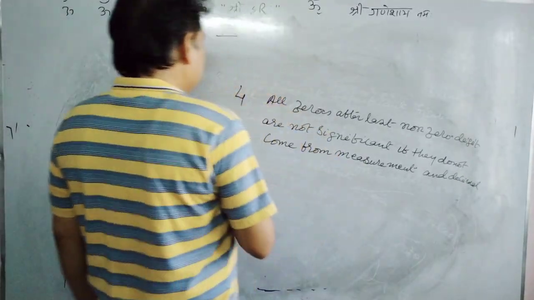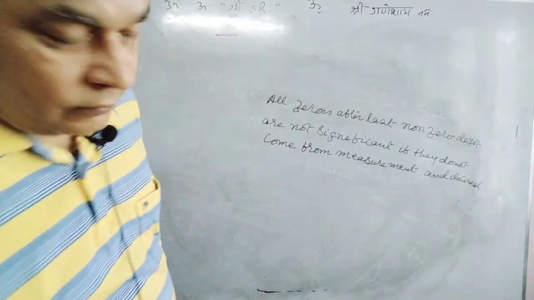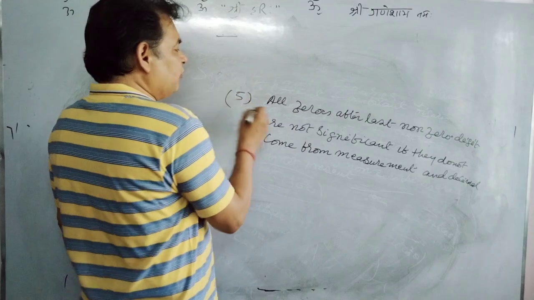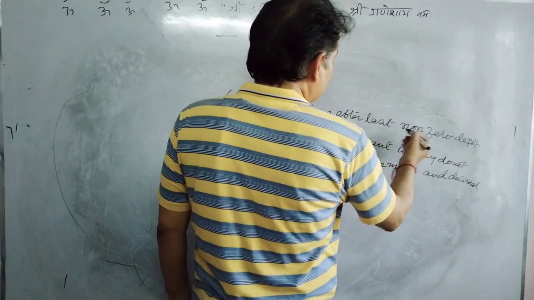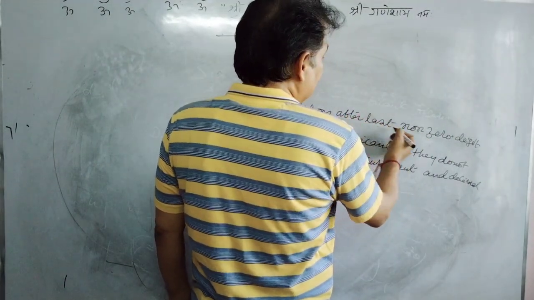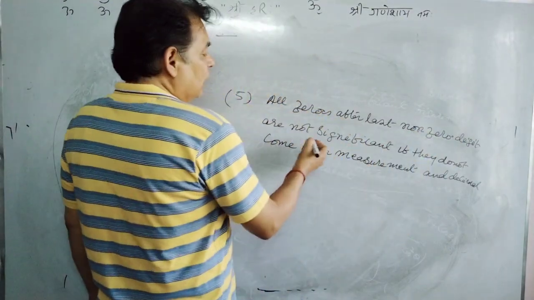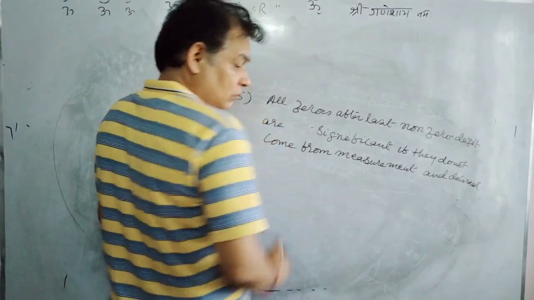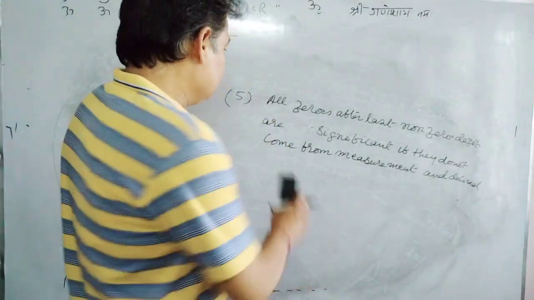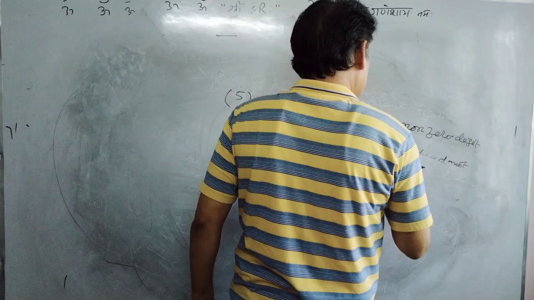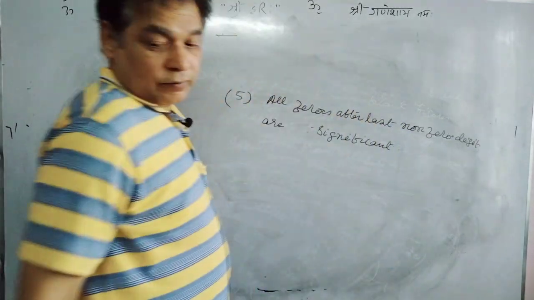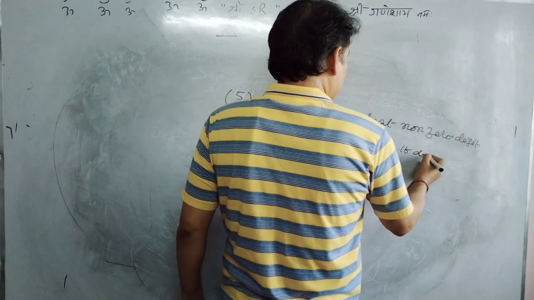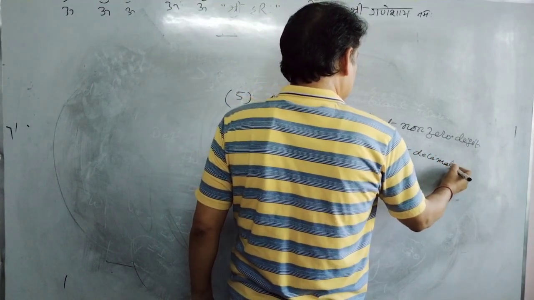I can write the fifth one. In the same way, all zeros after the last non-zero digit are significant if a decimal is present.